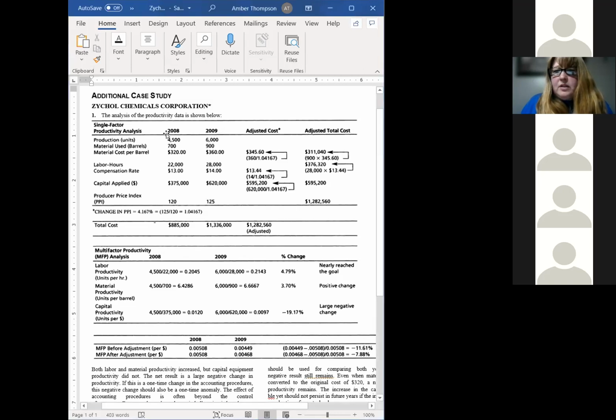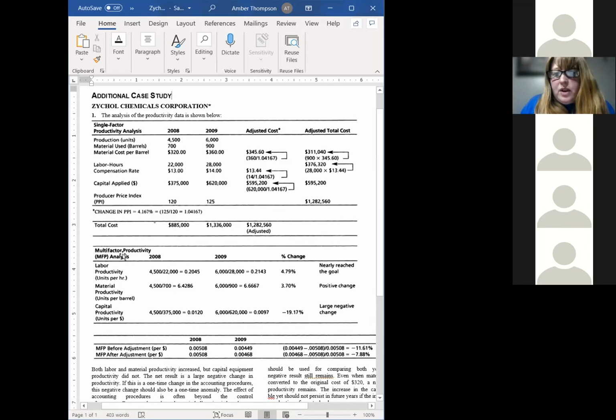This is kind of a finished product, what you would see if you did all of the factors for the adjusted costs on each of those items. Then for the total cost, you're just doing year by year, and the total adjusted cost would be all of these divided by that ratio of 1.04. That would be all I would be looking at there.